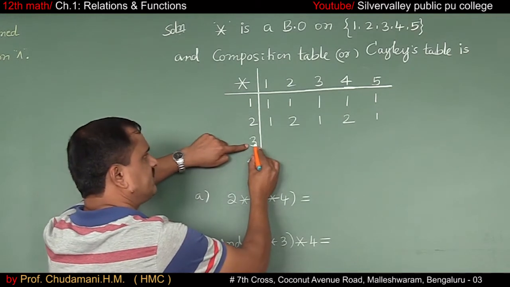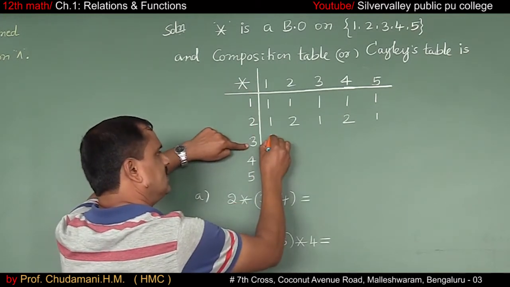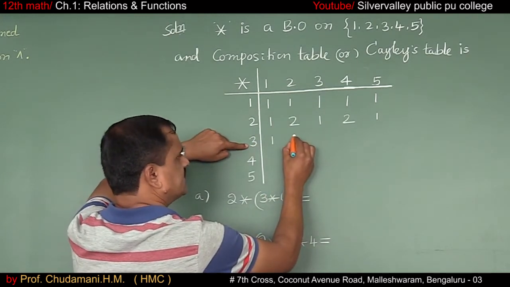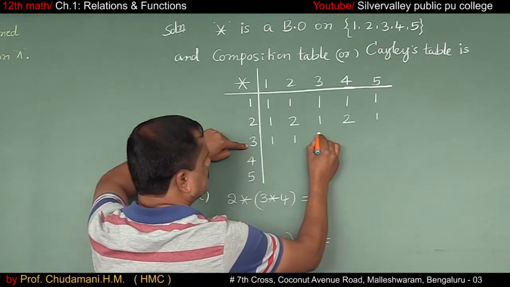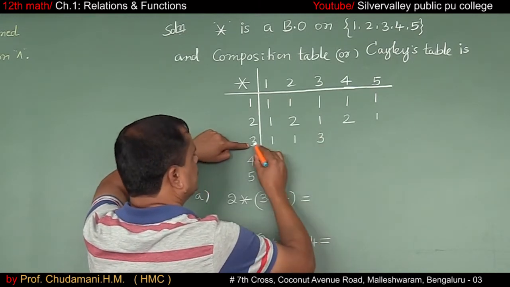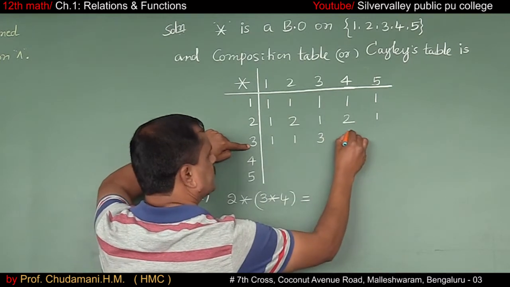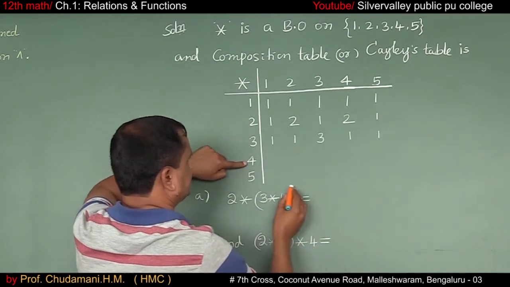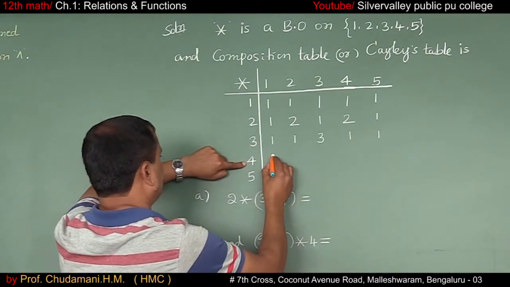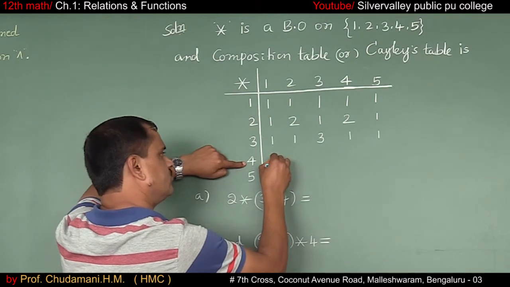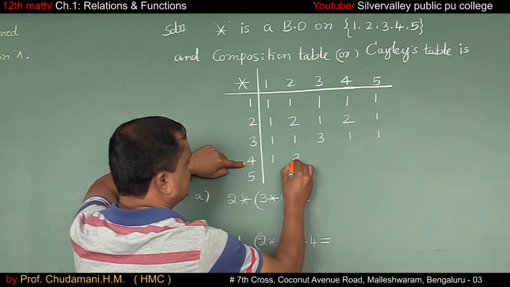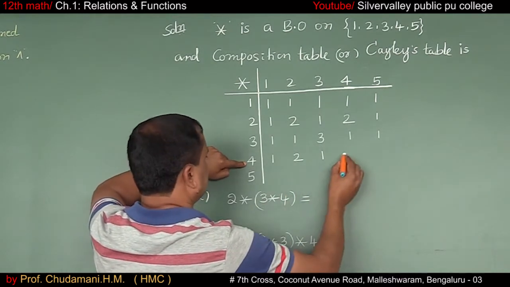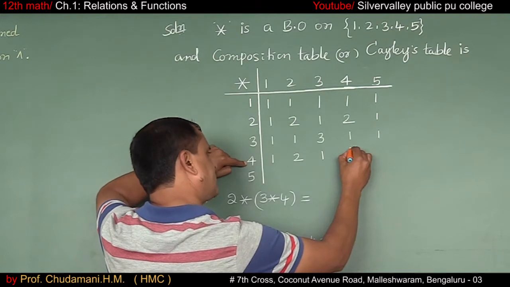Next, highest common factor of 3 star 1 is 1. 3 star 2, highest common factor of 3 and 2 is 1. 3 star 3 means 3 only. Highest common factor of 3 and 4 is 1. Highest common factor of 3 and 5 is also 1. Then come to 4. 4 star 1 is 1. 4 and 2, highest common factor is 2. 4 and 3, highest common factor is 1. 4 and 4, highest common factor is 4.